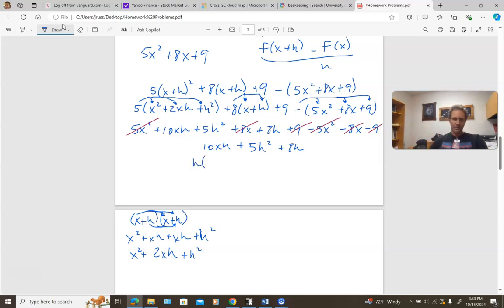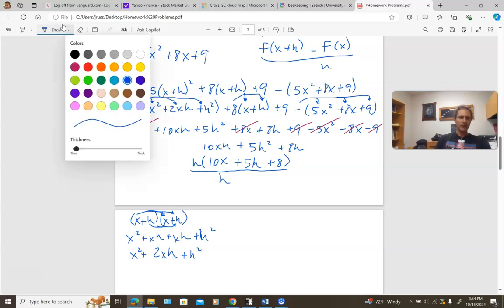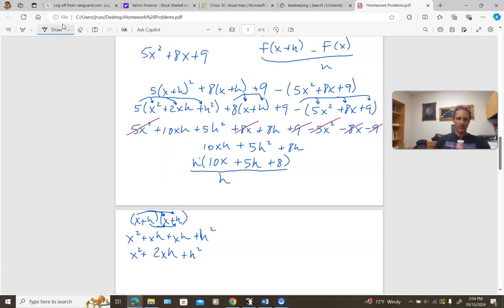So when I take out that h, remember we call this factoring out the greatest common factor. That'll leave me with just a 10x plus, I'll only have one h left in this term. In the last term, guys, I won't even have an h. Now I can put this over h, and you can see that these h's are going to divide out.